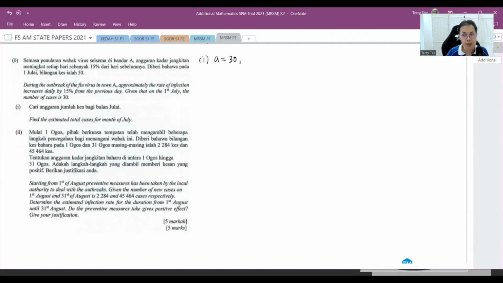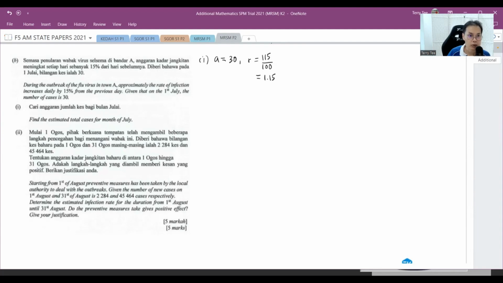When we say increase by 15%, you need to understand percentage is always geometric progression because percentage by itself is a ratio. The first day is 100%, the second day increases by 15%, so you have 115%. Taking 115 divided by 100, your common ratio is 1.15.